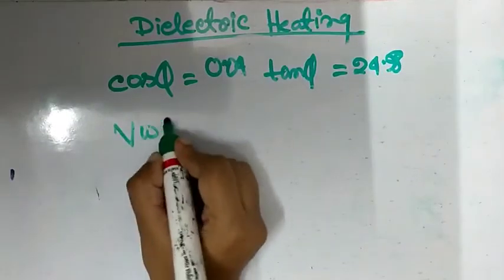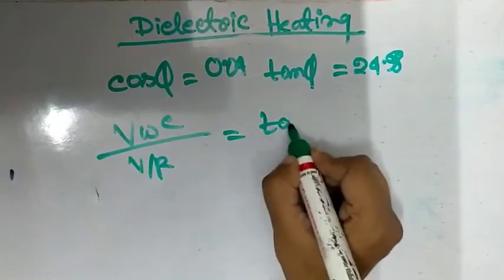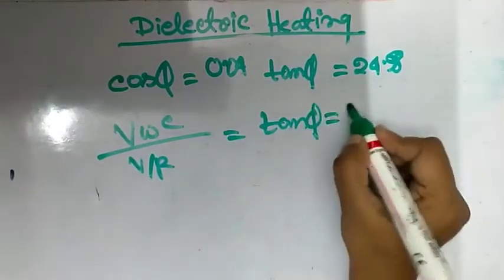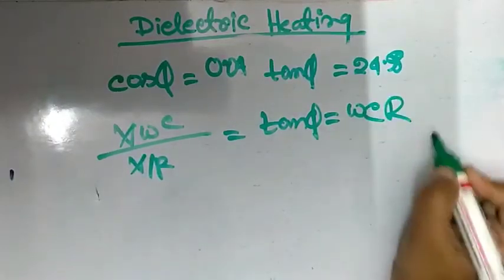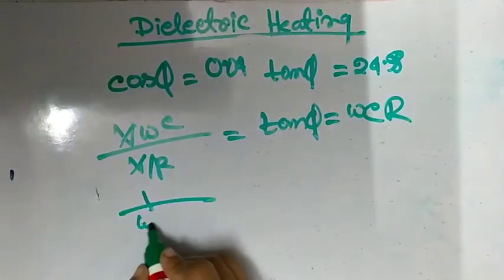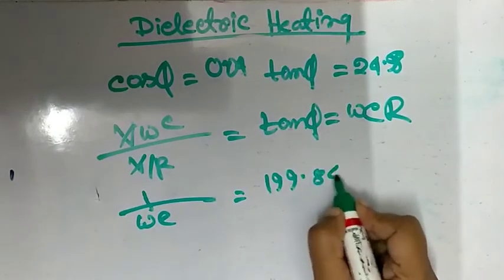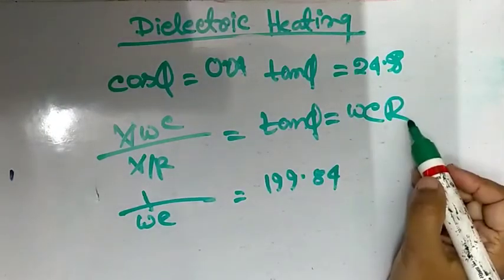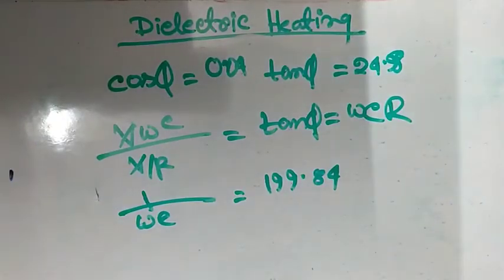Now, V by V omega C by R, we all know this is equal to tan phi, which is equal to omega C R. Now, 1 by omega C is equal to 199.84 because capacitive reactance is calculated 199.84.